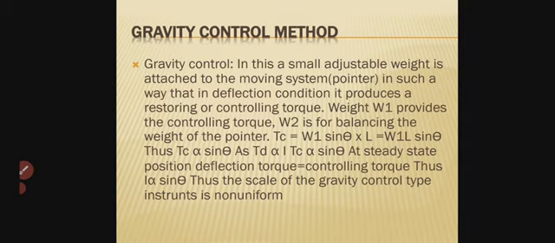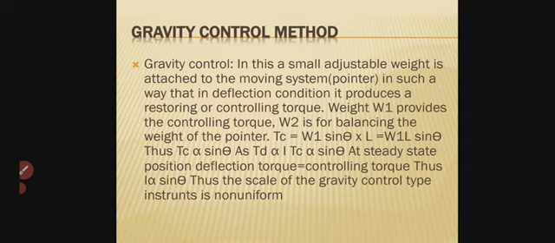Due to gravity, the control weight would tend to come to its original position and thus provides an opposing or controlling torque. That is, the pointer comes to rest at a position where controlling torque is equal to deflecting torque.